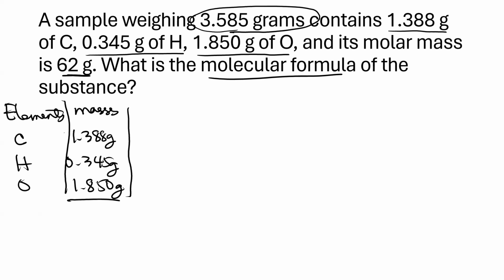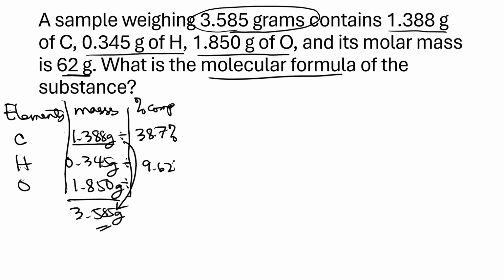Now, we first determine the percent composition of each of the elements. So we divide all these masses by the total mass of the compound, right? So if you have 1.388 grams divided by 3.585, that would be 38.7%. For hydrogen, that would be 9.62%.